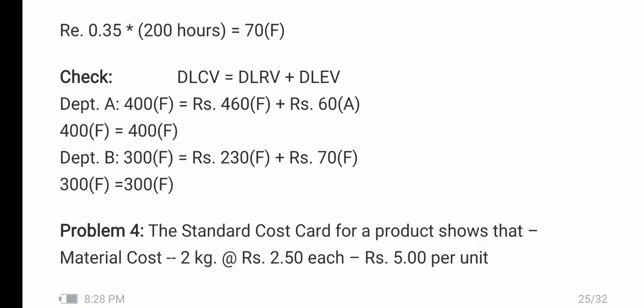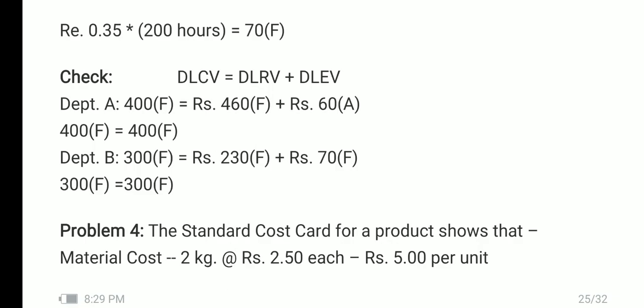Now let us consider one more problem. In this problem, we are required to compute both material variance and labor variance. Now see the information. Standard cost card for a product shows that material cost 2 kg at rupees 2.50 each, rupees 5 per unit.